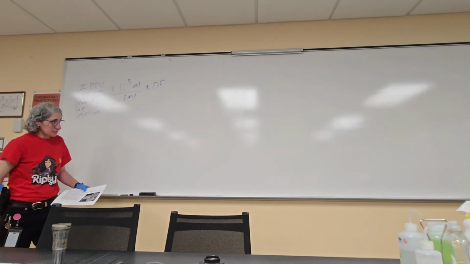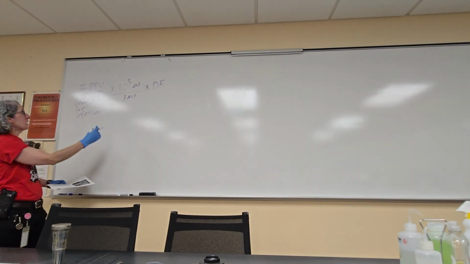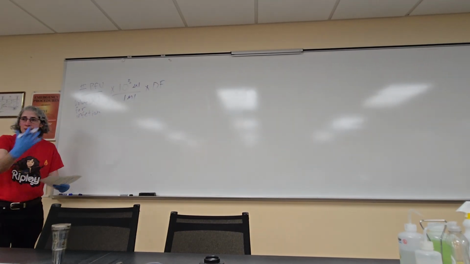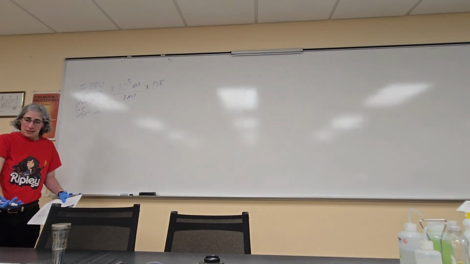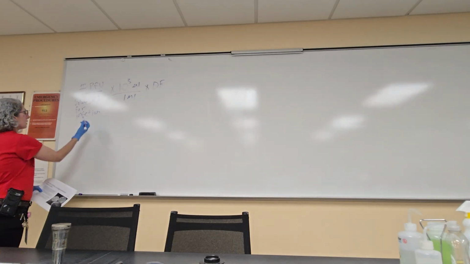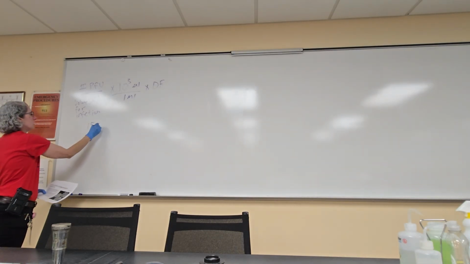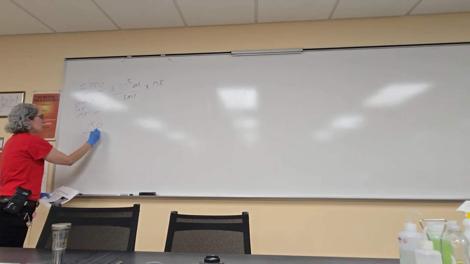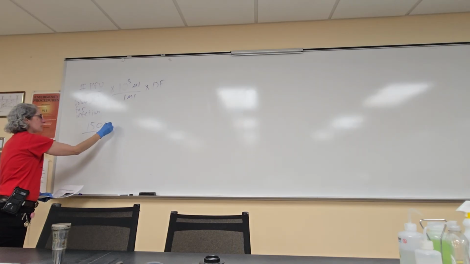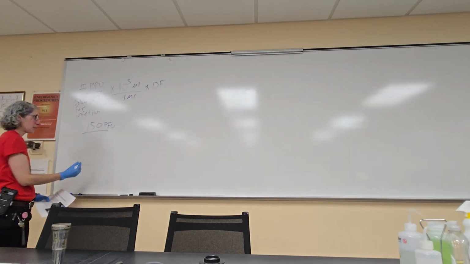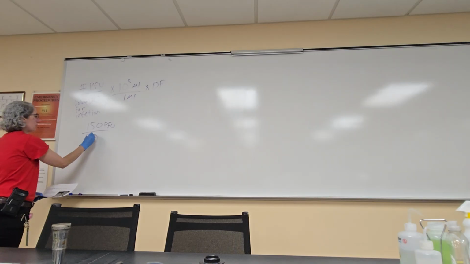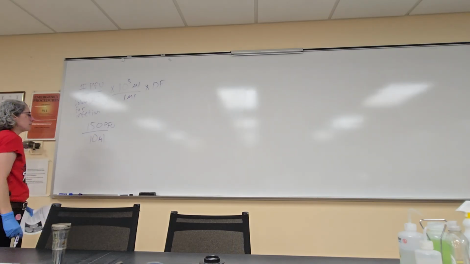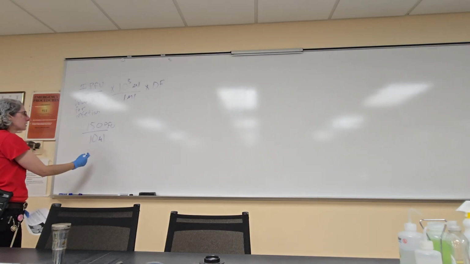All right, so I came up with a pretend number. So I said, let's say there was 150 plaque forming units. So I said 150 for my number, and I assumed that they used the 10 microliters for their volume, so that would be our 150 over the 10 microliters.